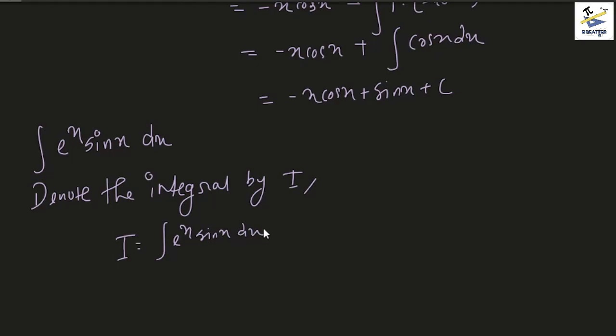Now if you remember the rule ILATE, e, that is the exponential function, came last. So obviously e to the power x is going to be the second function here and sin x is going to be the first function.